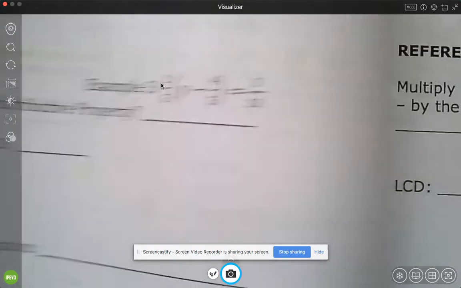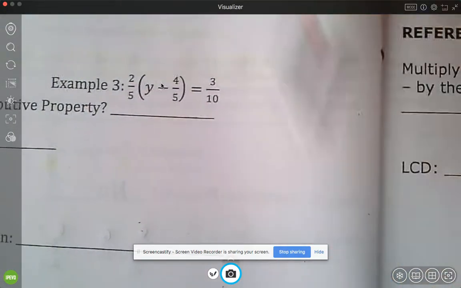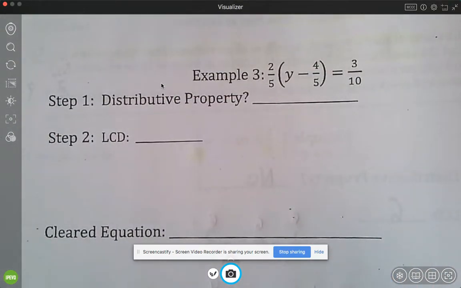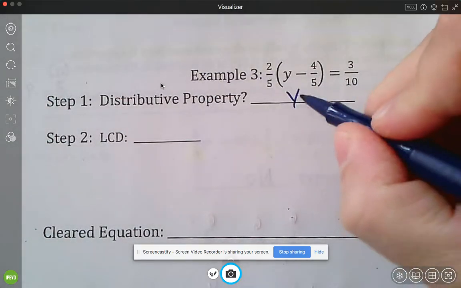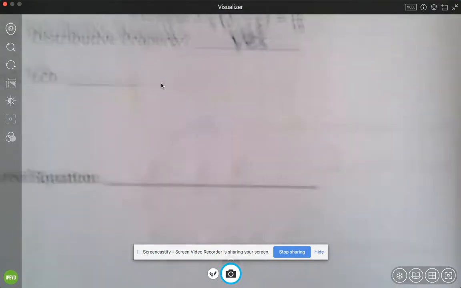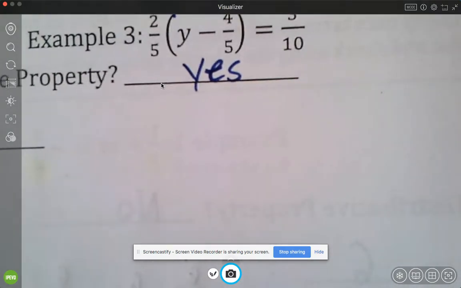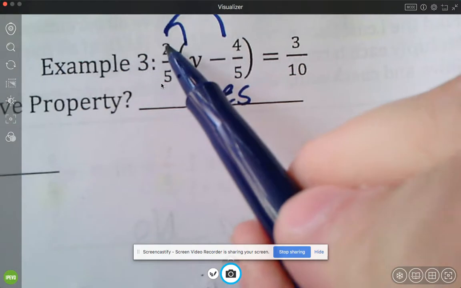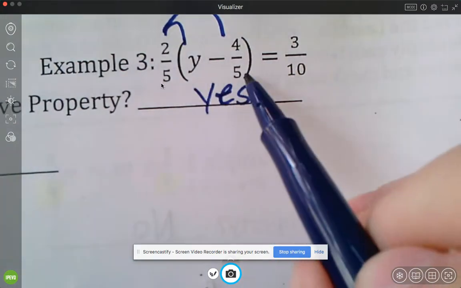All right, last example is example 3. So here, do we have any distributing to do? The answer is yes. So we have to remember how to multiply a fraction by a fraction. Hopefully you remember you just do numerator times numerator, denominator times denominator.